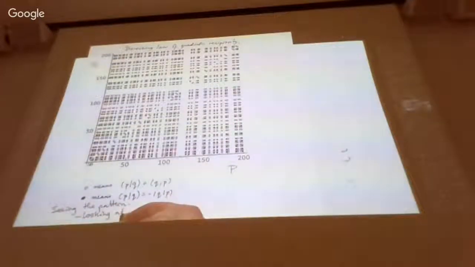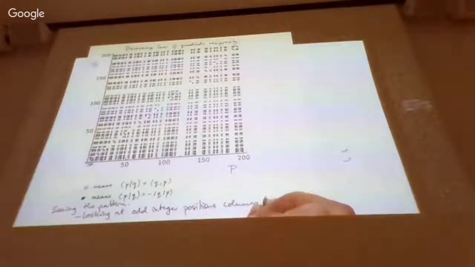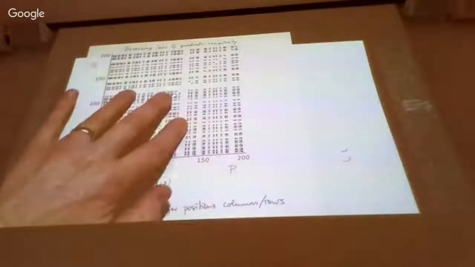Looking at the odd integer positions, the columns, or equivalently rows, remember the picture is by design symmetric, so it's talking about status across the diagonal.